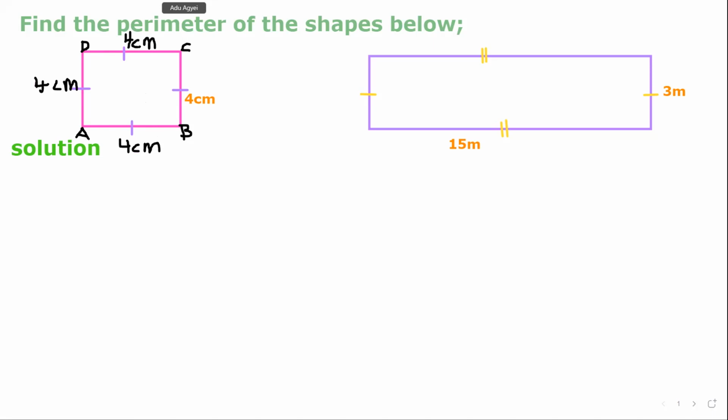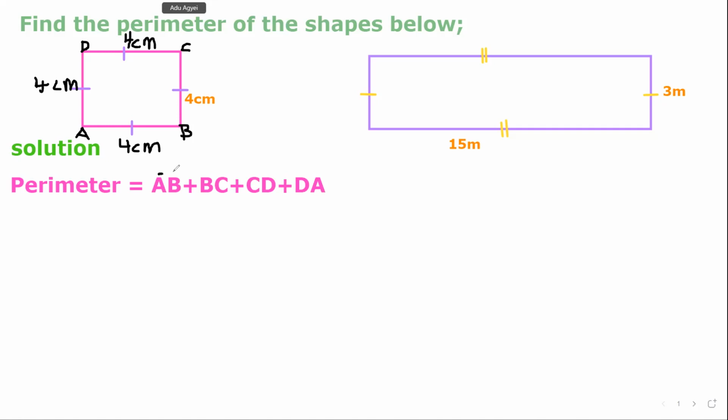Now let's calculate, and then we are going to use our letters here to formulate our own formula. Good. So with this, you are going to calculate all the line segments here.